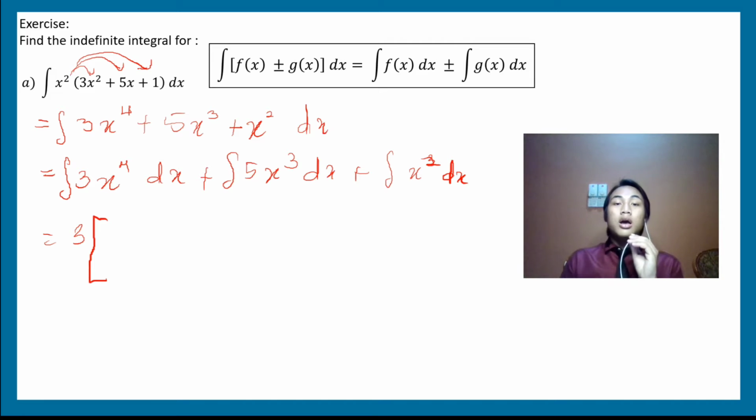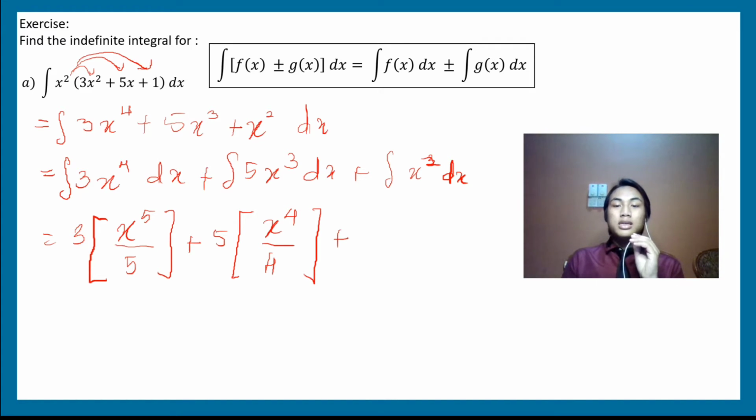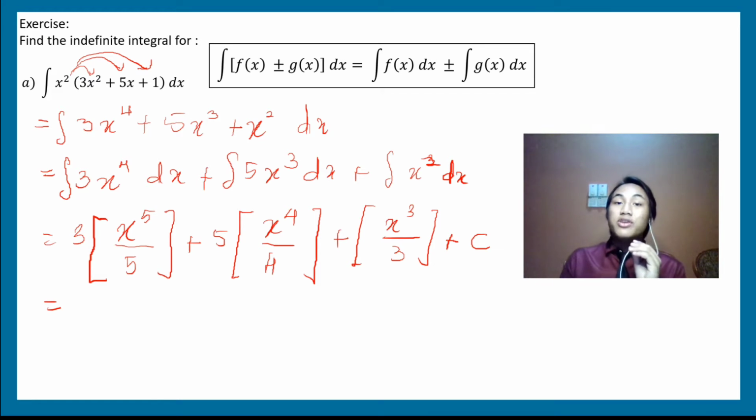Okay, so s to the power of 4, we get s to the power of 5 over 5, plus 5s to the power of 3, we will get s to the power of 4 over 4, plus s squared will be s cubed over 3. Don't forget the c.